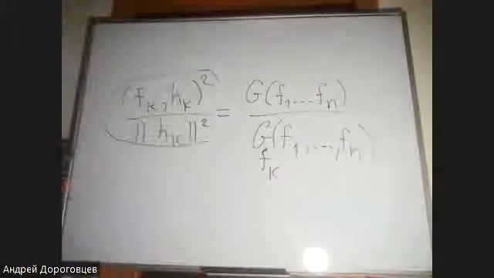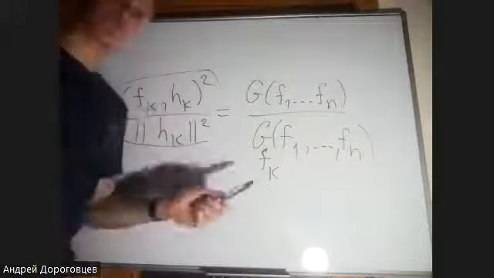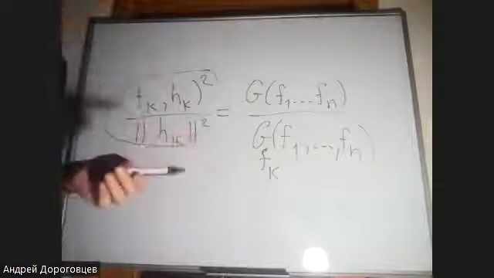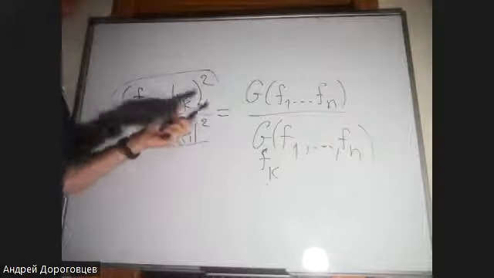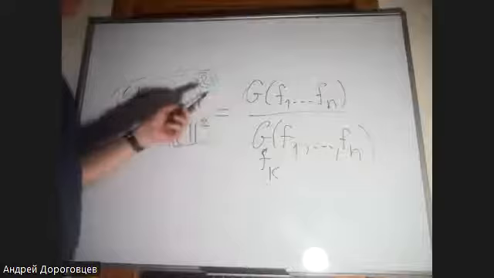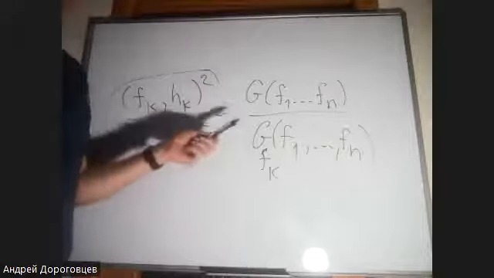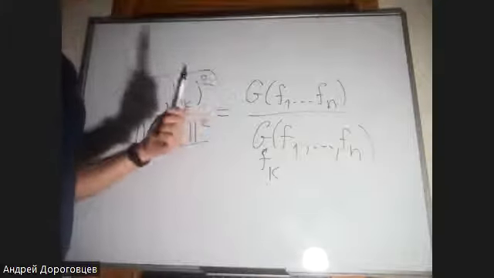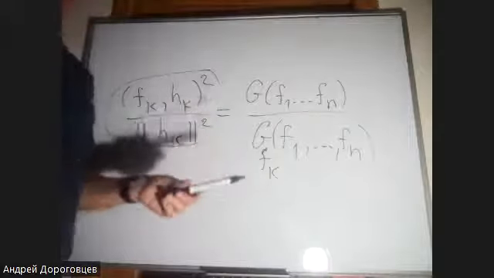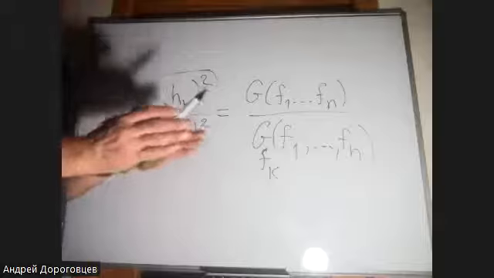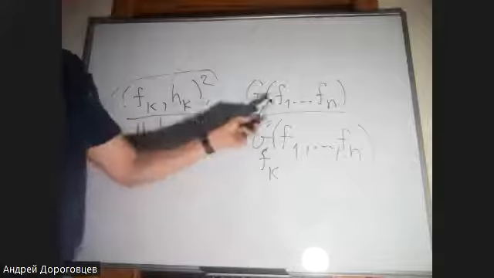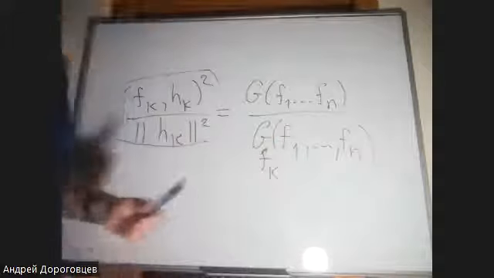So this is a nice formula which I wanted to show you, which gives us a geometric meaning of the Gram determinant, because if this is the square of the orthogonal component of fk to other vectors, then it is easy to understand that G(f1,...,fn) is the square of the Lebesgue volume of the parallelepiped which we obtain from vectors F1, F2, and so on.